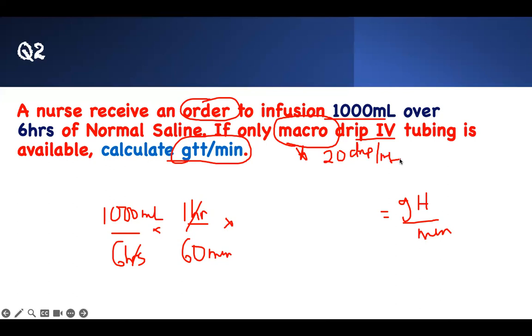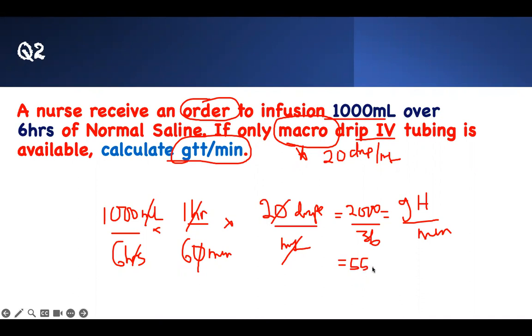Since my answer choice has to be drops, I'll put the 20 drops on top. So 20 drops over ml. And so the ml cancels like that, right? And this gives you 55.5 drops per minute.